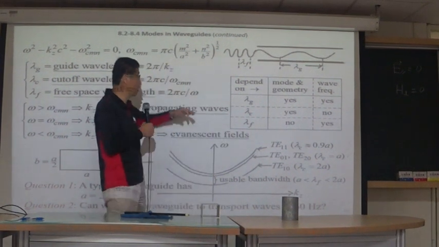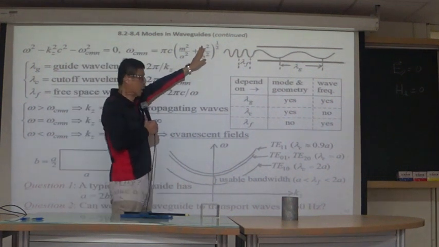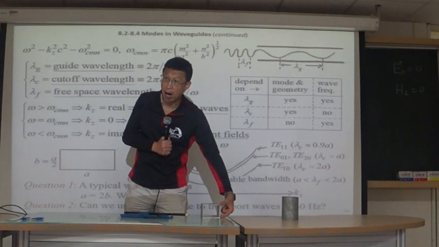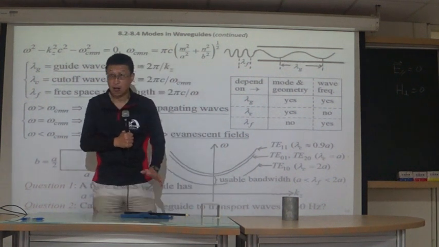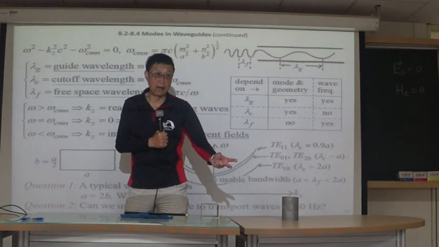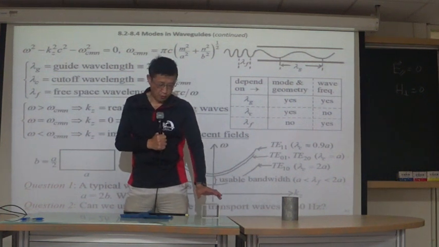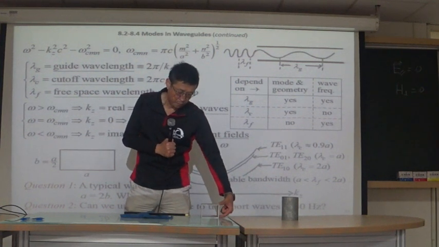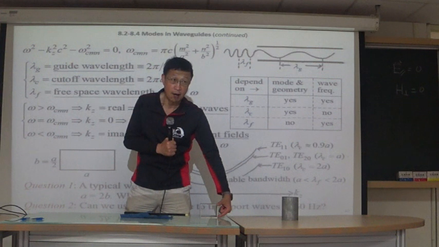Okay, you can check here. Normally, a means width, b means height. And normally, for most cases, the width is 2 times larger than the height.